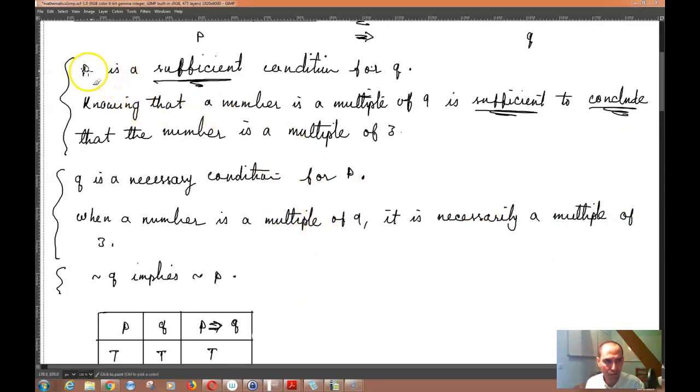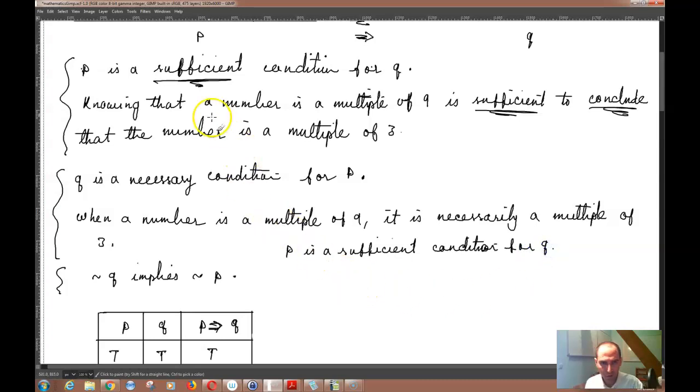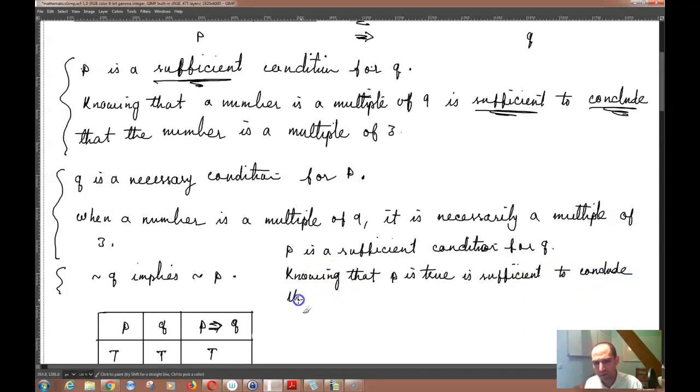This statement over here, P is a sufficient condition for Q, I can write as: knowing that P is true is sufficient to conclude that Q is true, right?